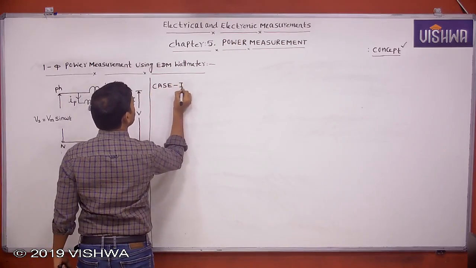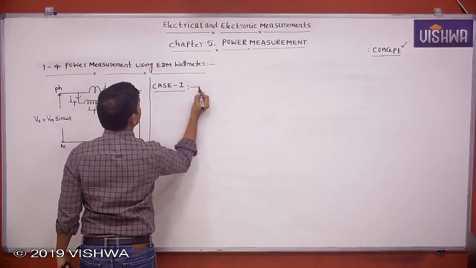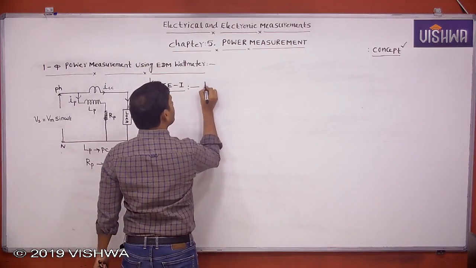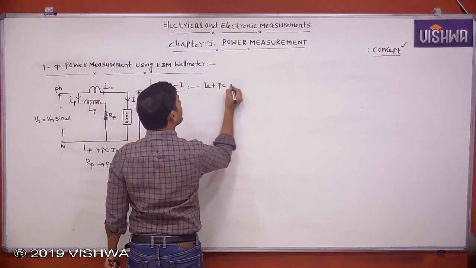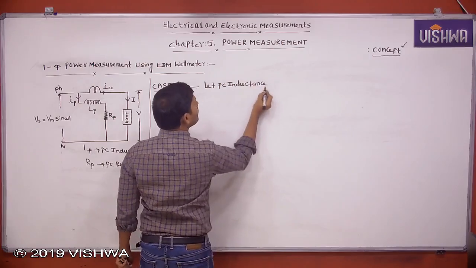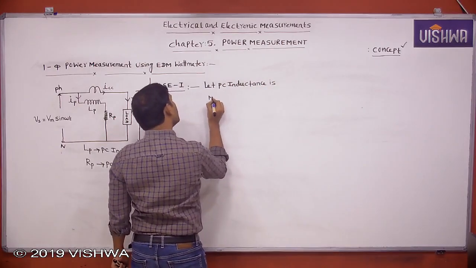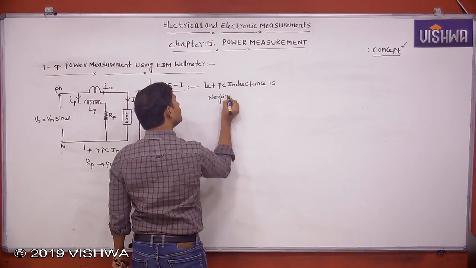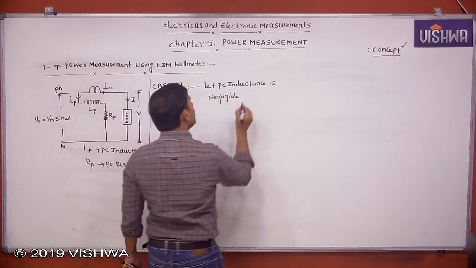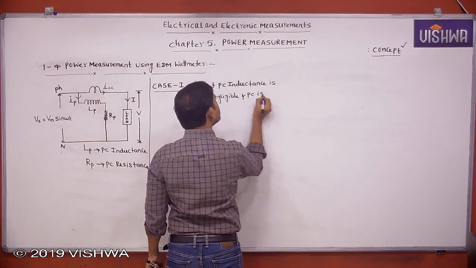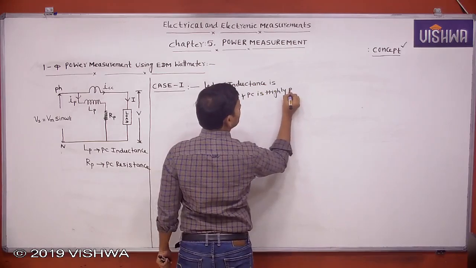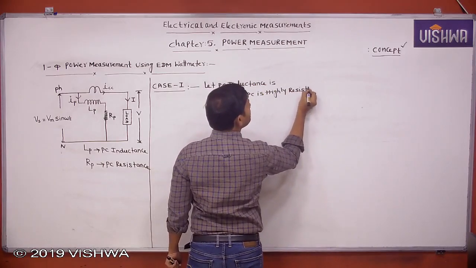Now first I am discussing case 1. In 2 cases I want to discuss this concept. Case 1: let pressure coil inductance be negligible and pressure coil be highly resistive.